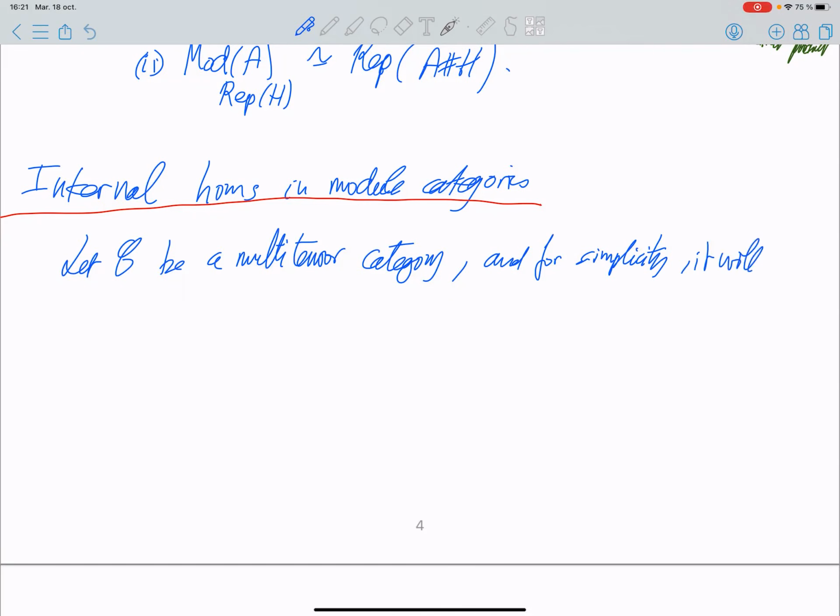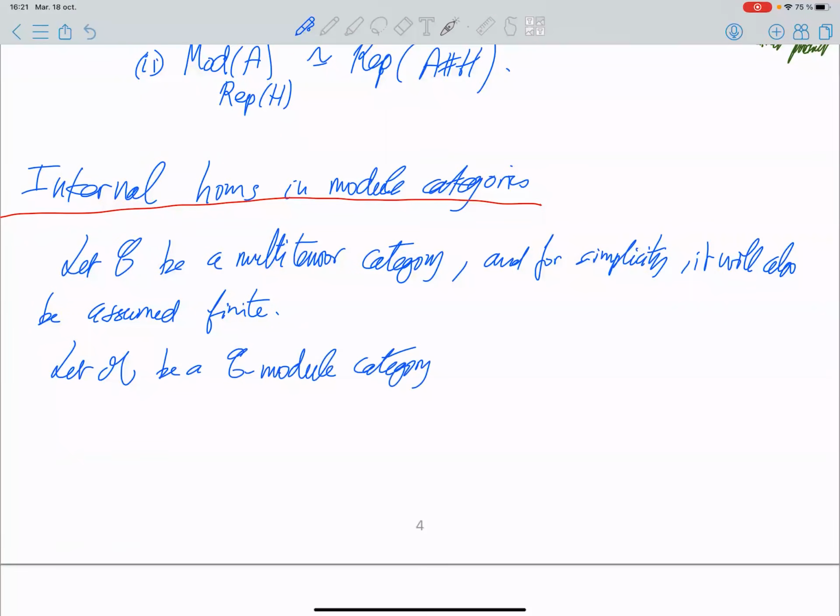It will be assumed finite. So now let M be a C-module category, and you consider two objects in M, M1 and M2.